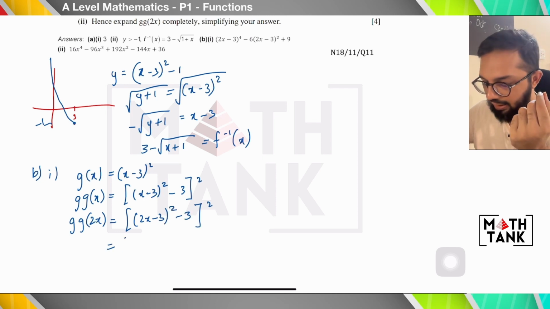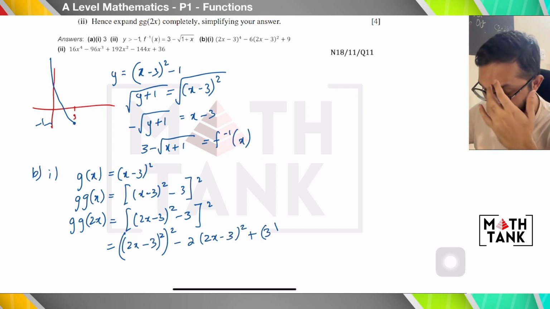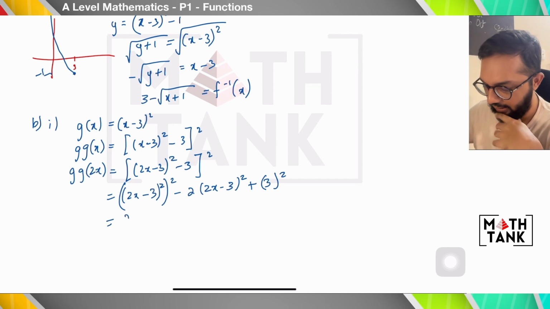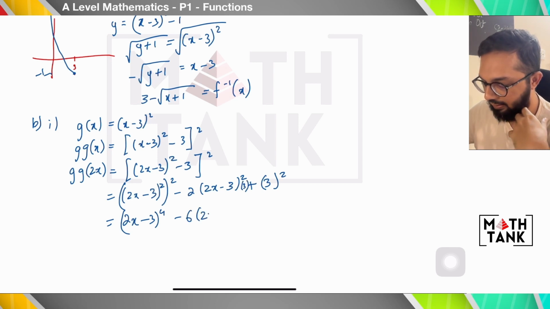So this is going to be a squared, 2ab, plus b squared. I'm going to get 2x minus 3 power 4. Okay, I forgot 2ab. That's 6, 2x minus 3 whole squared, plus 9.